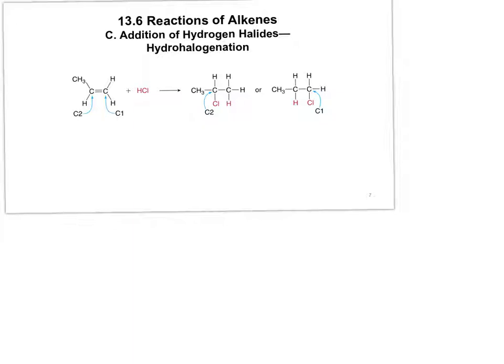The reaction above is a hydrohalogenation. HCl, hydrogen and a halide, were added to the double bond. You have 2 options. This carbon is bonded to 2 carbons.